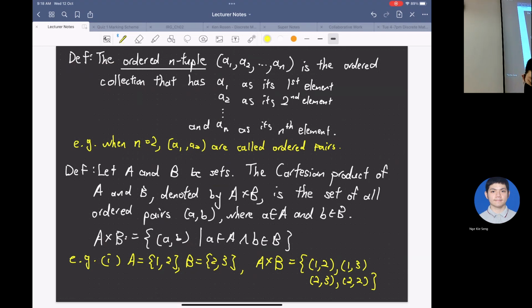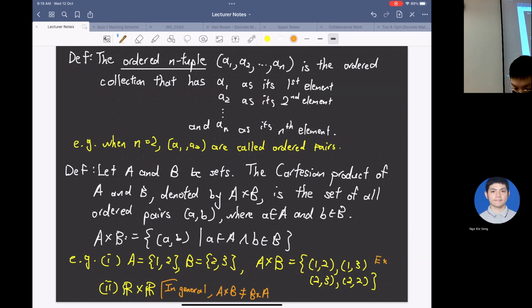Another example is you take R cross R, for example. But in general, A cross B is not equal to B cross A. For example, you can figure out this case.